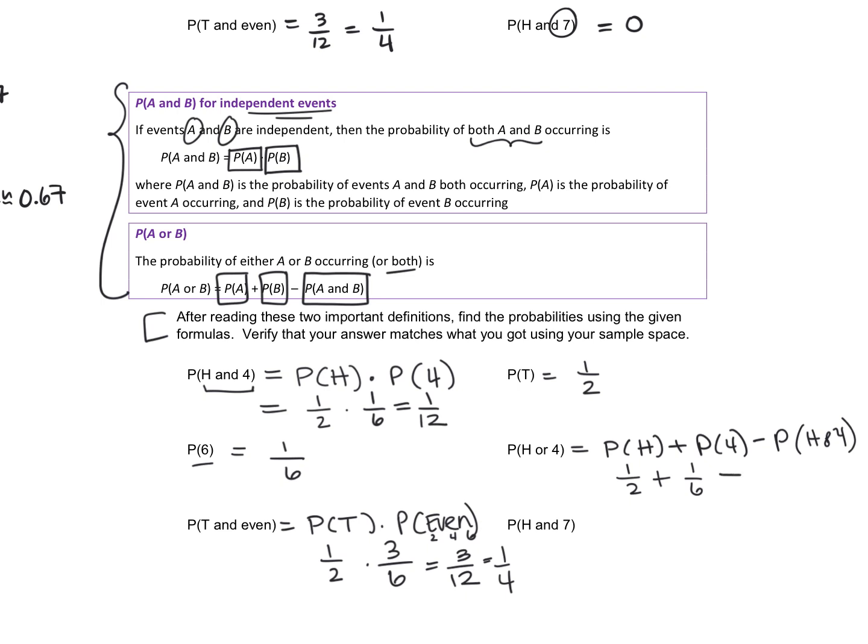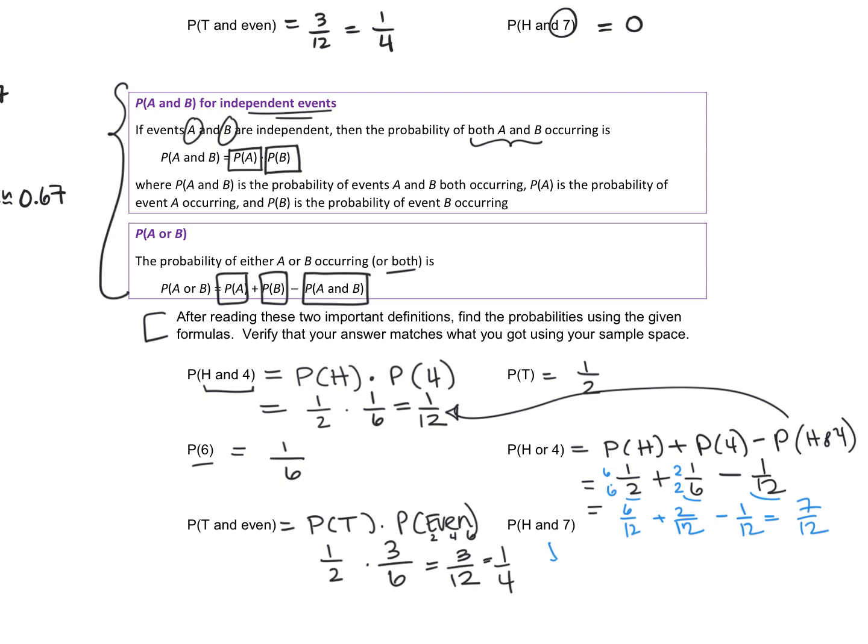And then we're going to subtract off the probability of getting a head and a 4, which we had in that first one there. That would be 1/12. So working with fractions, you can enter this all in a calculator, but I just see that the common denominator would be 12, so they were all the same sizes here. So this will multiply by 6, this multiplied by 2, so we're talking about 6/12 plus 2/12 minus 1/12. That's going to be a total of 7/12.